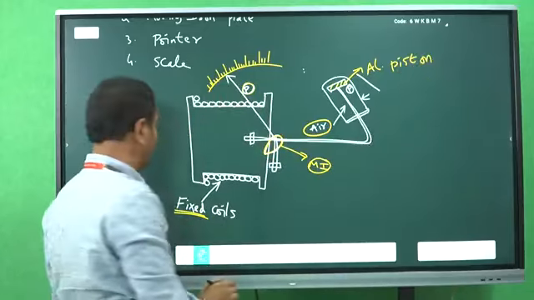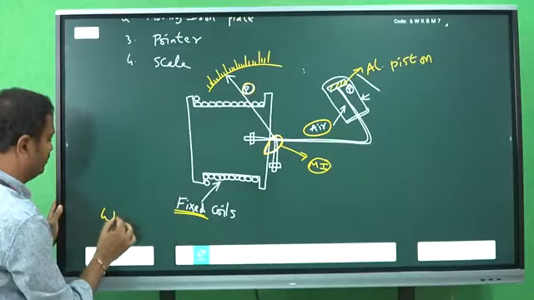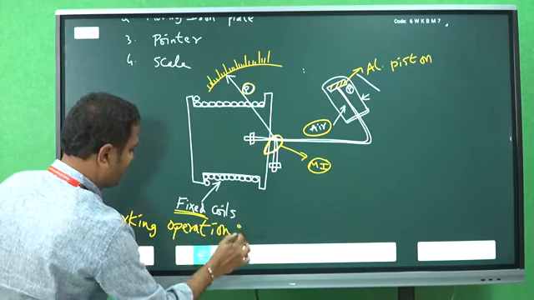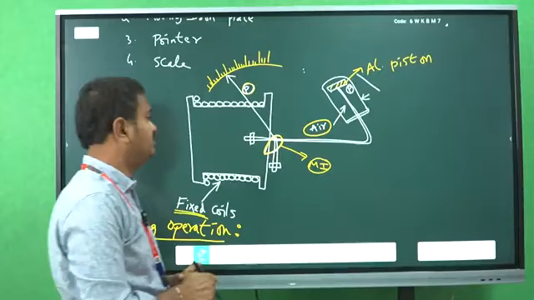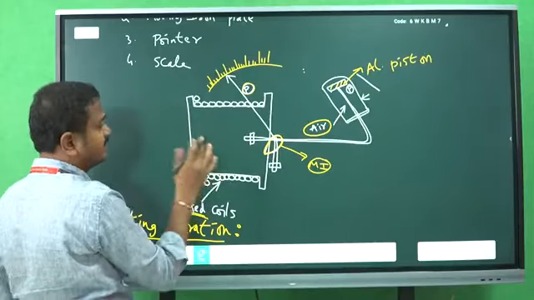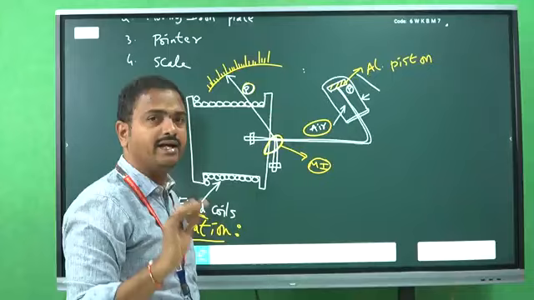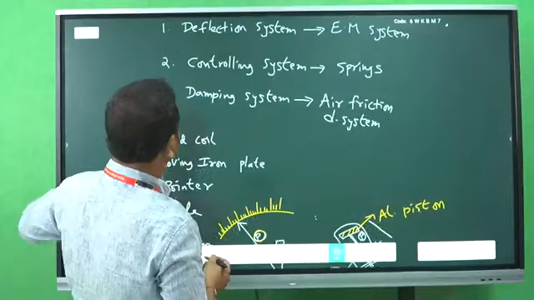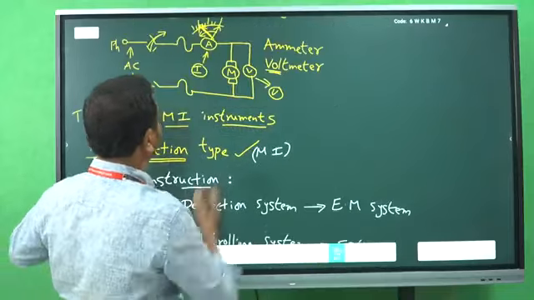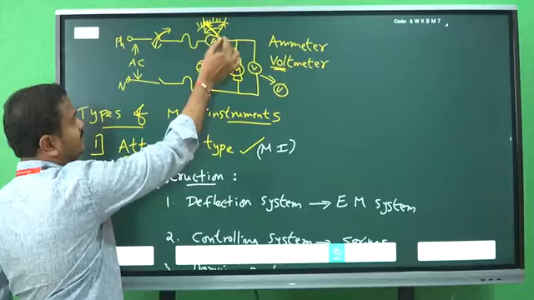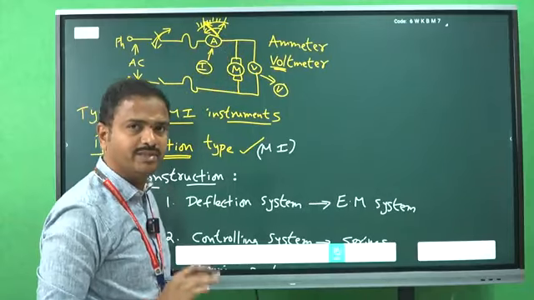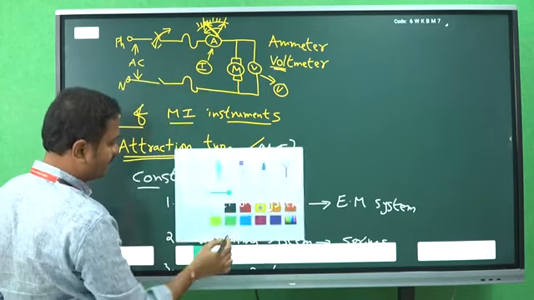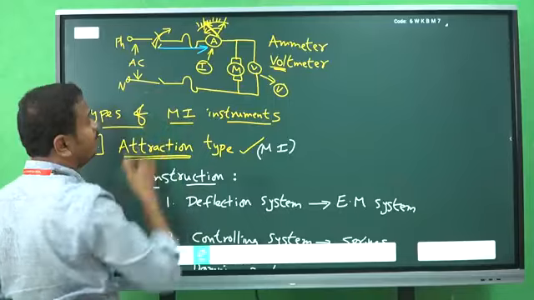So now coming to the working operation. Whenever an MI type ammeter is connected in a circuit, just like the previous one, a current will be flowing through the ammeter.